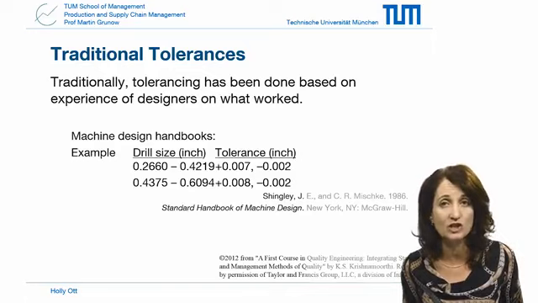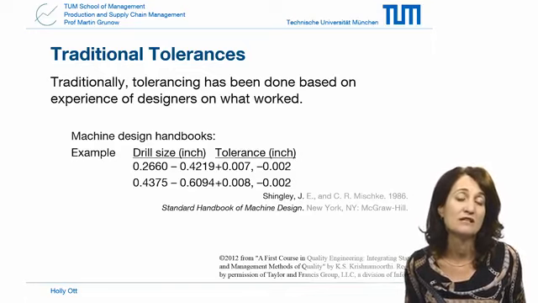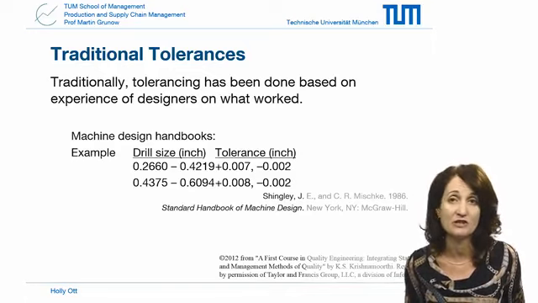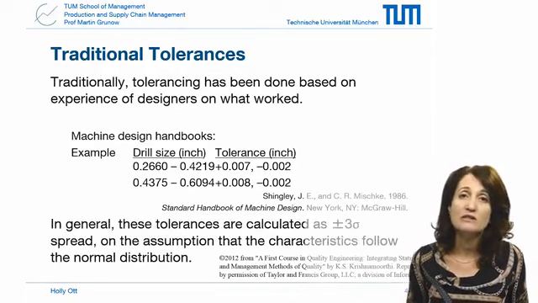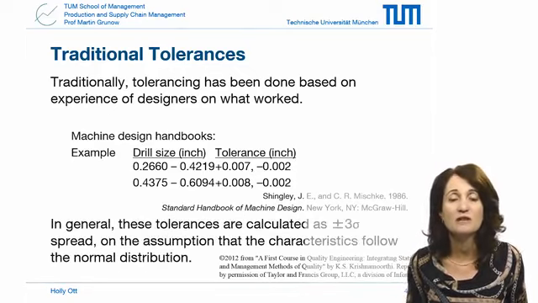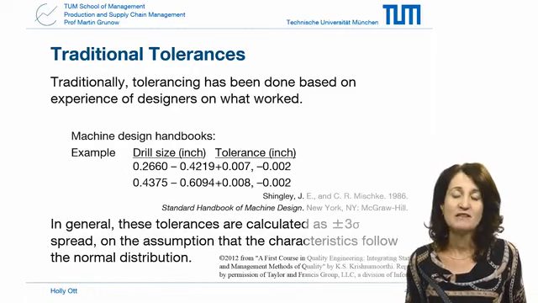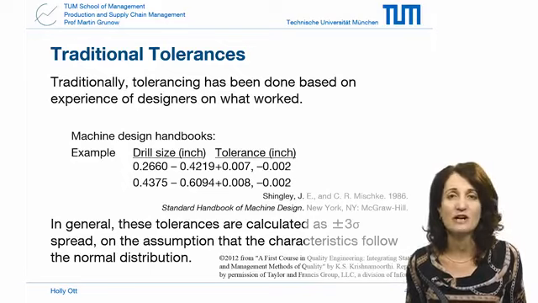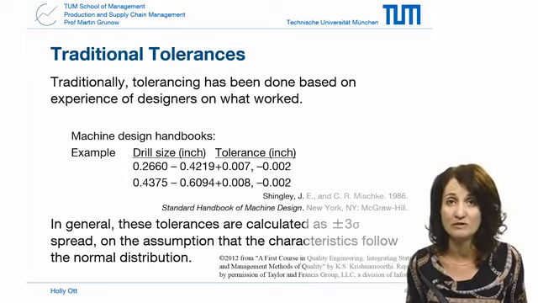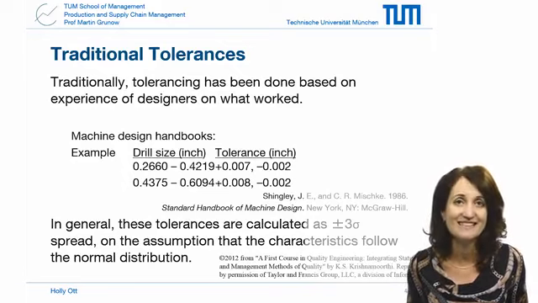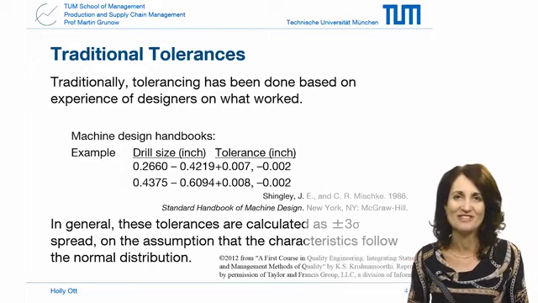Or for the slightly larger drill sizes, you see that it's plus 0.008 inches to minus 0.002. And in general, these tolerances are calculated as plus or minus 3 standard deviations spread. And this is all, again, under the assumption that our characteristic, for example, drill sizes, follow the normal distribution.